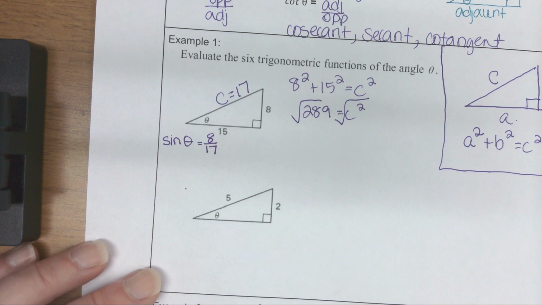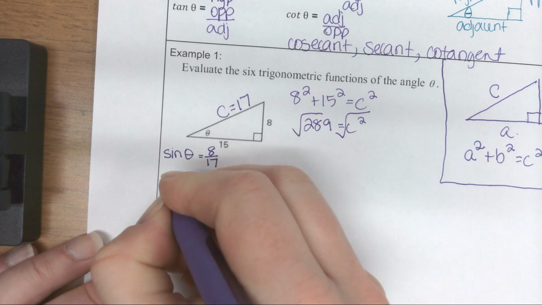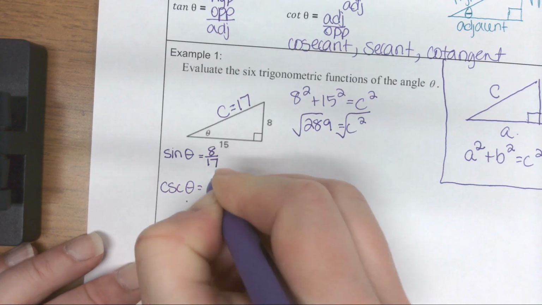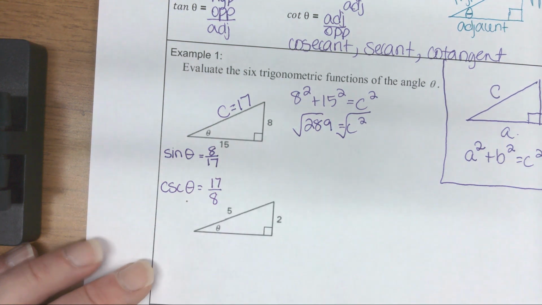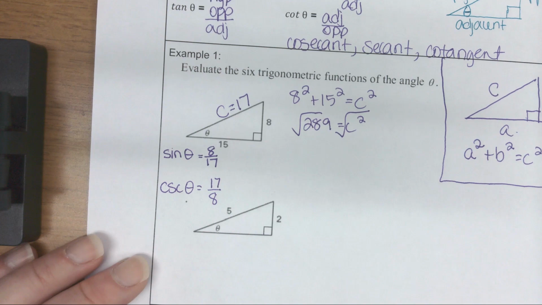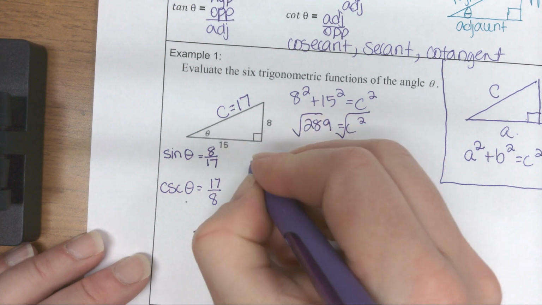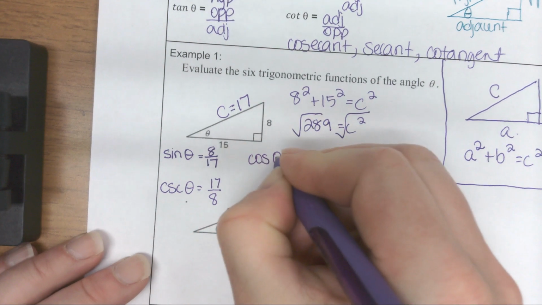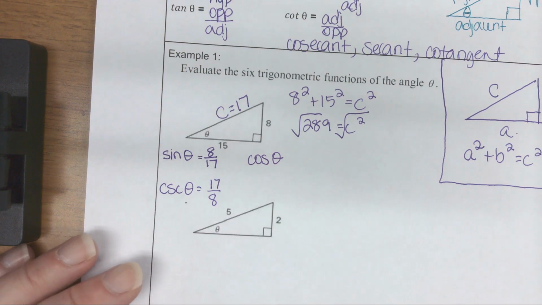The reciprocal of that function is the one right across it. So I'm going to do that one next. The cosecant of theta then would be 17 over 8. Okay, let's move on. Make sure you don't drop out that theta because that is the angle. You're taking the cosine of an angle.